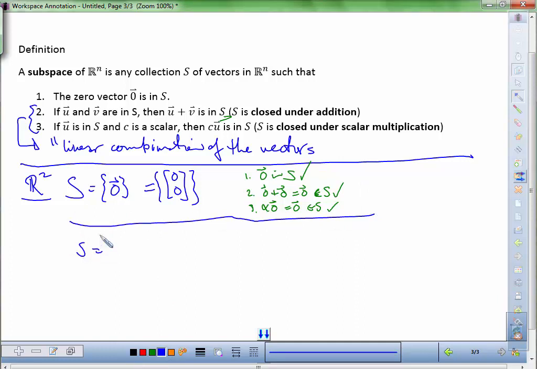All right, now let me come up with another vector. What if I just have one vector, 1, 1? Then I can also show that the span of this is a subspace.